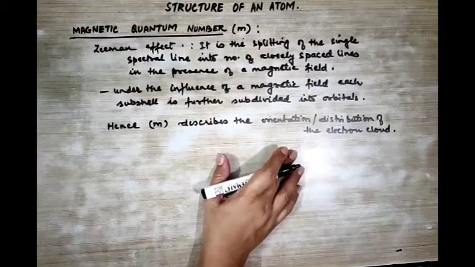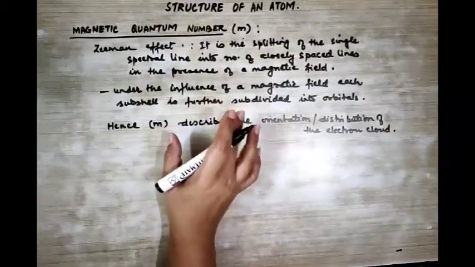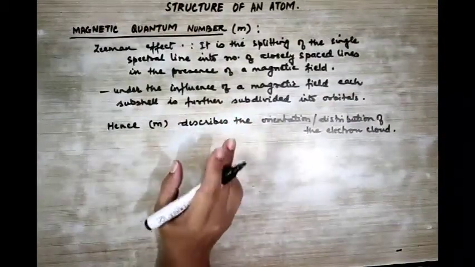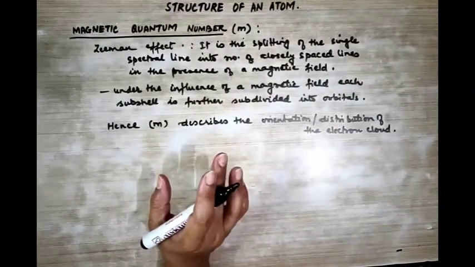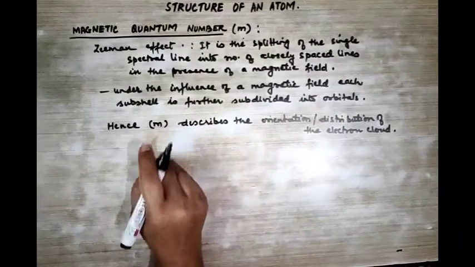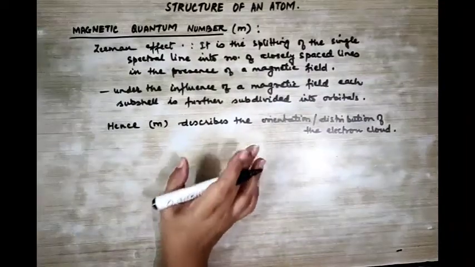Now, for a given azimuthal quantum number, the magnetic quantum number may assume all integral values, that is from minus l to plus l including 0.